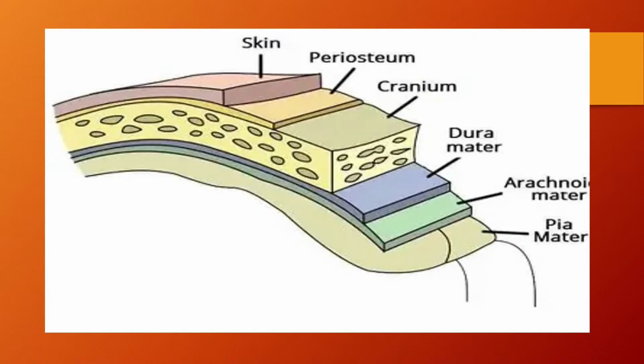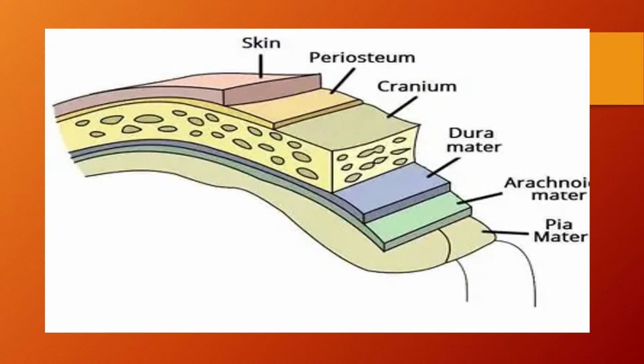First, let us understand some anatomy, when it comes to where the disease and the word meningitis come from. Here on this slide, we have the different parts and layers of the human skull.